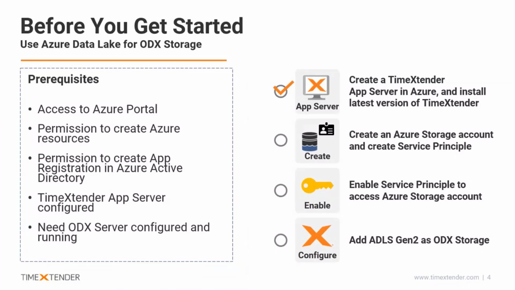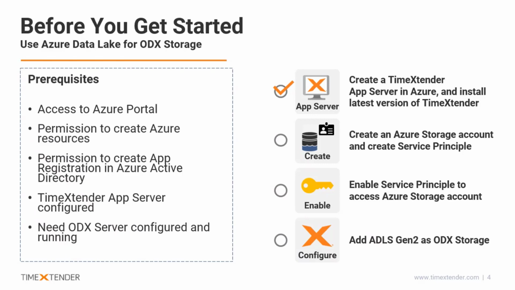Before we get started, we do need a few prerequisites, which I've covered most of in the previous couple of sessions. You can see those videos again in that playlist. First and foremost, you'll need access to the Azure portal. You'll need permission to create Azure resources. On top of that, you'll also need permission to create an app registration in Azure Active Directory.